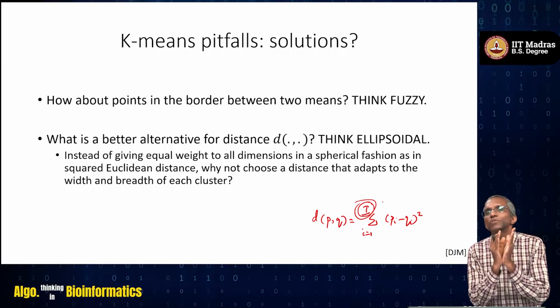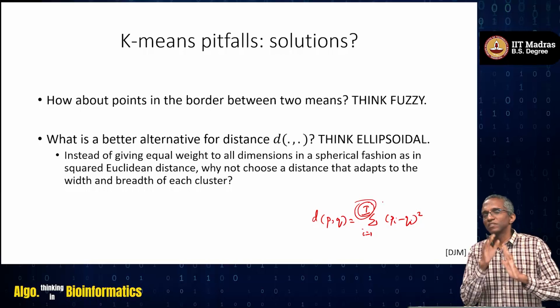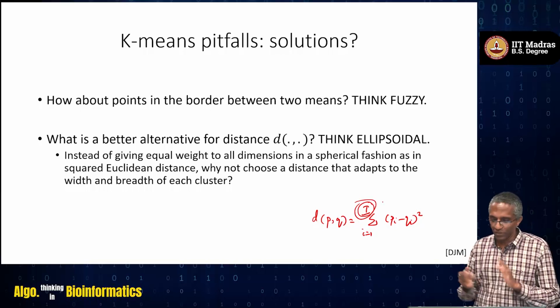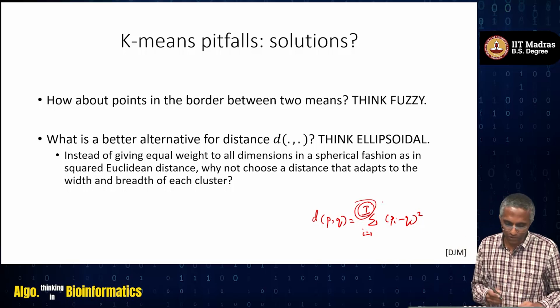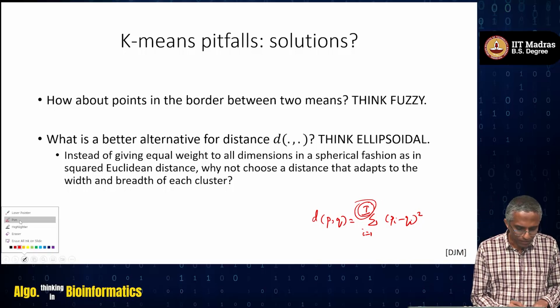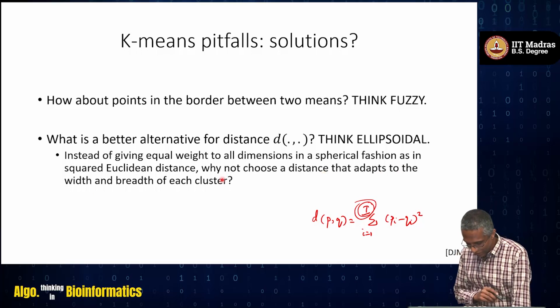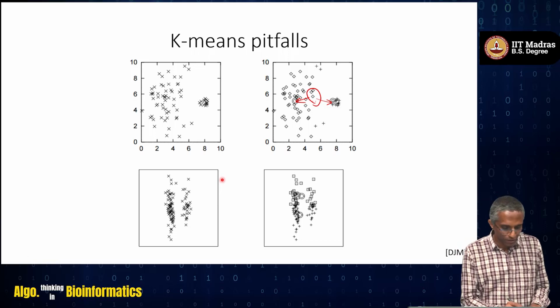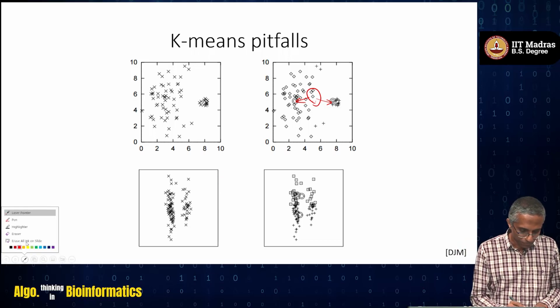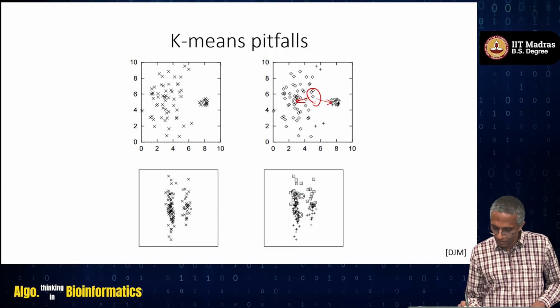I want to think about ellipsoidal, where different axes have different weights, or different kinds of interpretations. So, that is what in fact we will do. Instead of giving equal weight to all the dimensions in a spherical fashion as in the squared Euclidean distance, why not choose a distance that adapts to the width and breadth of each cluster? So, here again, these are the 2 centers, right.